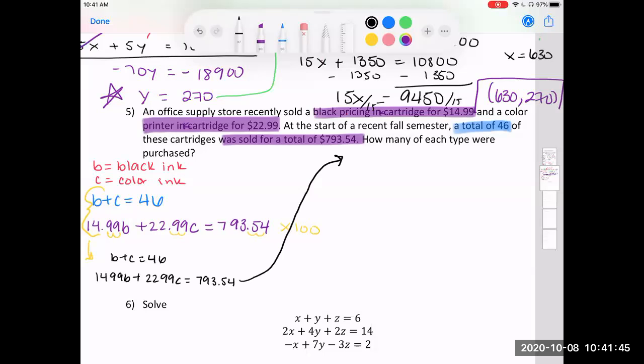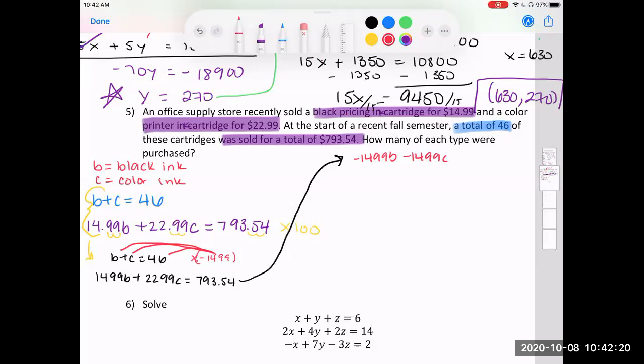Okay, so what I'm going to do is multiply that first one by negative 1499, so I can make my B's cancel. So that I have negative 1499B minus 1499C equals negative 1499 times 46.